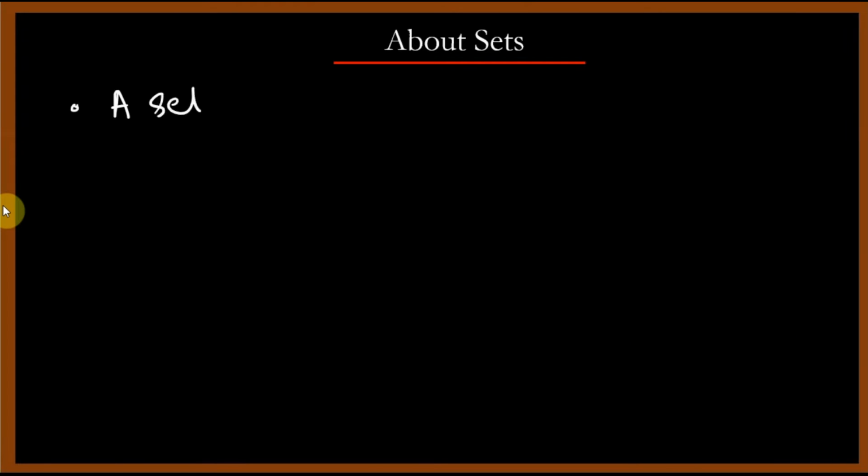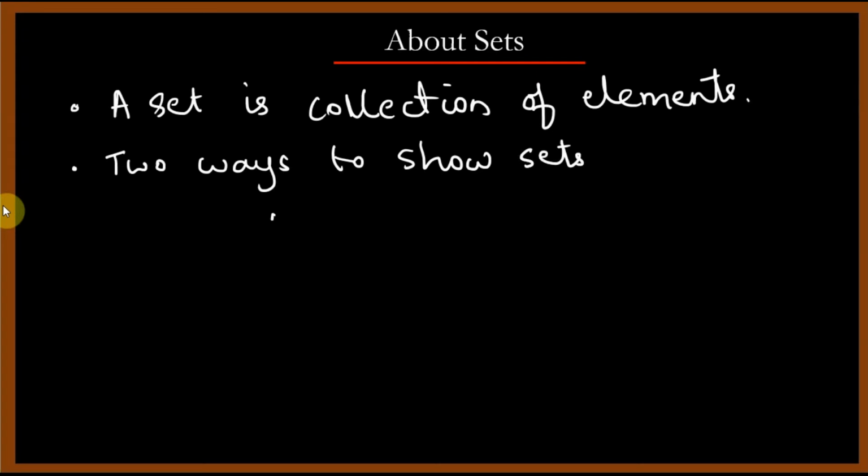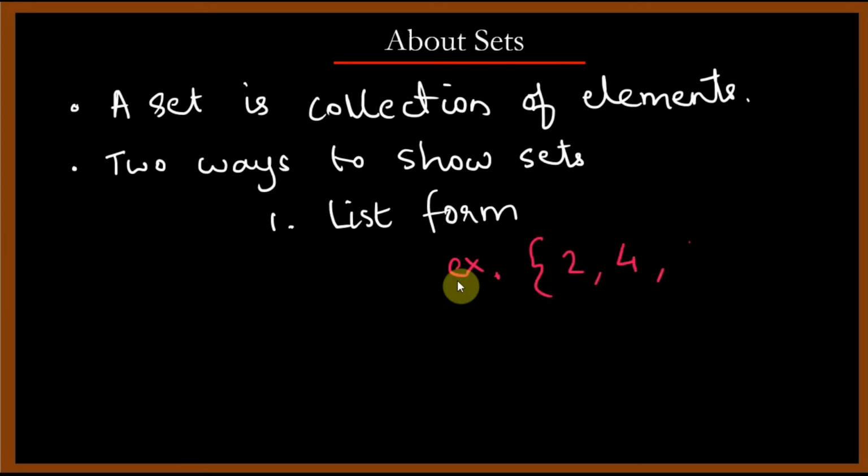Now before we begin with subsets of rational numbers, a bit about sets. Any set is a collection of elements, and in our case it is numbers. There are two ways to show numbers in a set. Show all elements within a list, for example a set of even numbers is 2, 4, 6, 8.